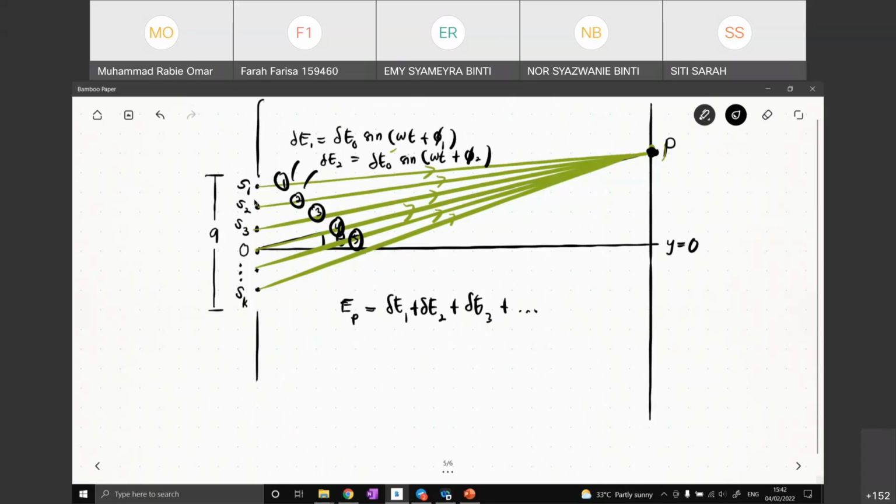So if you include as many points as you can, the contribution will be more, and then the accuracy of your analysis will be better. So this is just like the calculus, yeah?